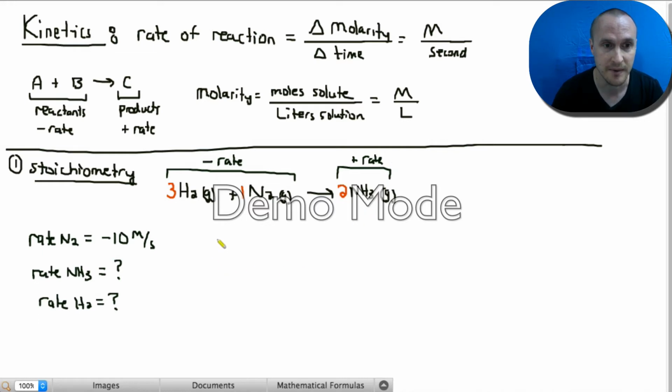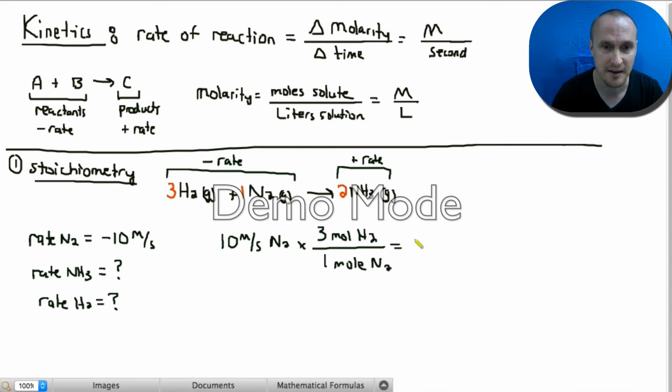For example, let's say we're trying to convert N2 to H2. So if you have 10 molar per second of N2, we can use dimensional analysis. In the balanced equation, there are 3 moles of H2 for every 1 mole of N2.